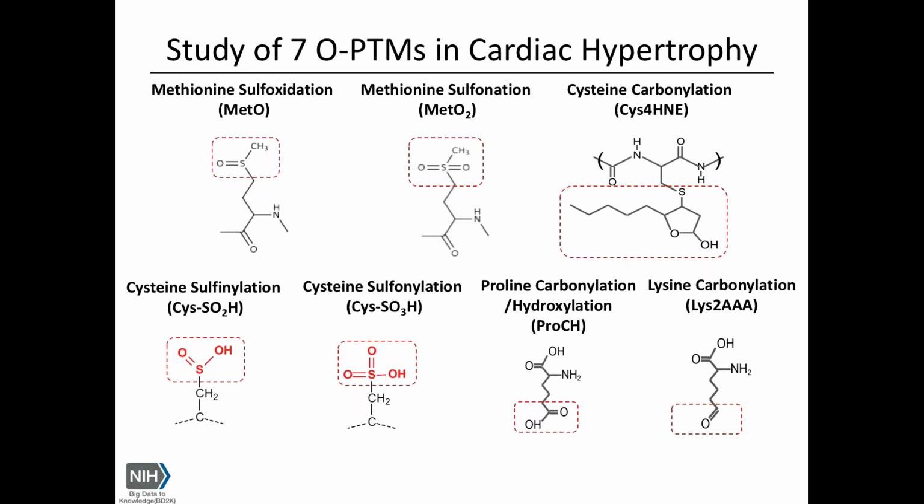These are methionine sulfoxidation, abbreviated as MET-O, methionine sulfonation, abbreviated as MET-O2, cysteine carbonylation, abbreviated as cis-4-HNE, cysteine sulfonylation, abbreviated as cis-SO2H, cysteine sulfonylation, cis-SO3H, proline carbonylation or hydroxylation, which we abbreviate as PRO-CH, and lysine carbonylation, abbreviated as lys-2AAA. In particular, these 7 O-PTMs are also very stable, which would also make them good candidates as biomarkers.